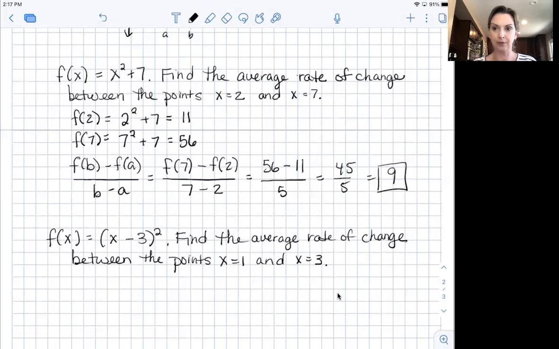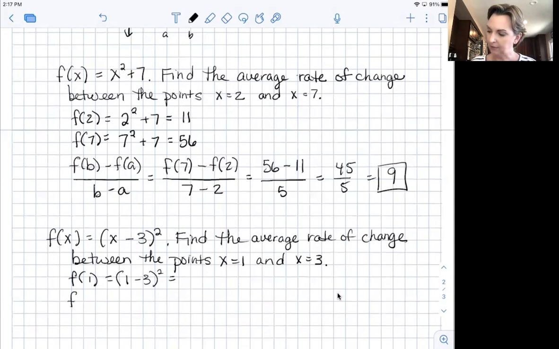Okay, and again, the smartest way to do it is just figure out the value of that function at those 2 points first before you plug it into the equation. So the value of that function at 1, go ahead and figure that out.